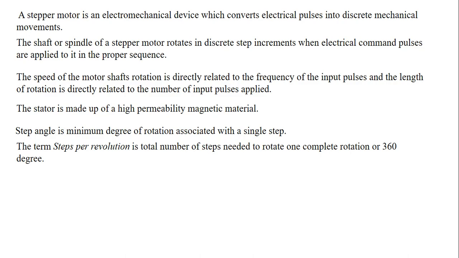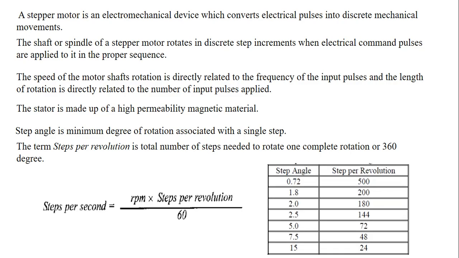One revolution is 360 degrees. To complete 360 degrees of rotation, it may take 4 steps, it may take 8 steps, it may take 70 steps. The steps per second is equal to RPM times steps per revolution divided by 60.